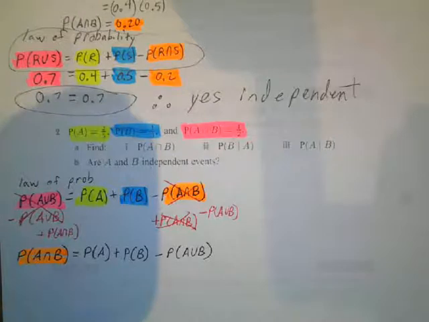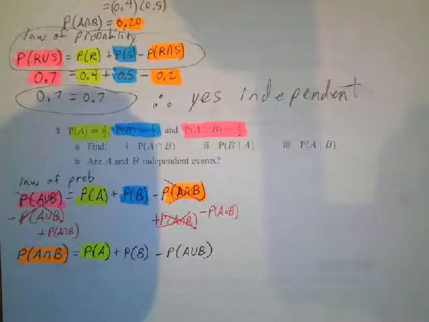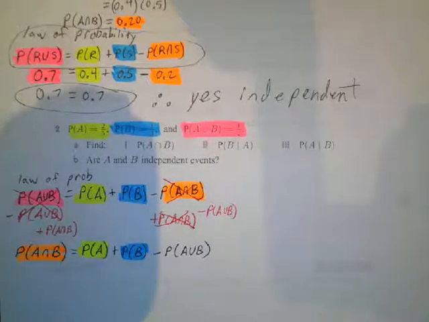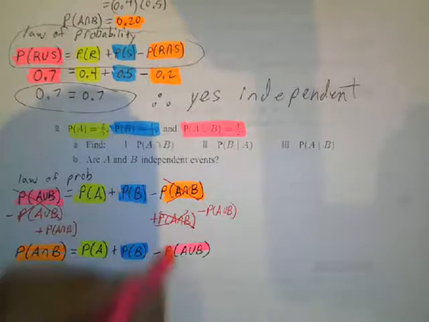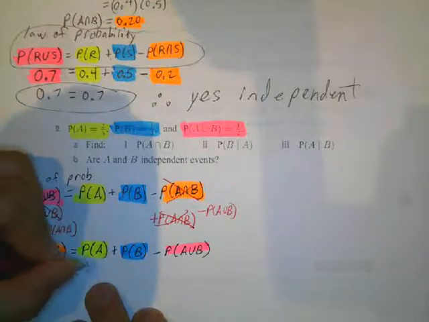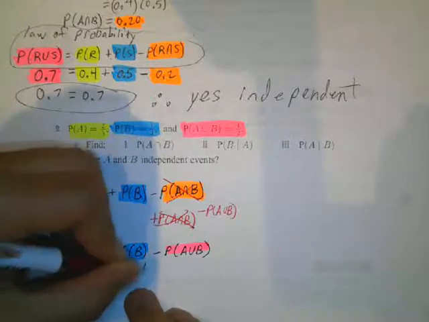Okay, so now we have everything we need to solve for our orange intersection. So we've got 2/5 plus 1/3 minus 1/2.